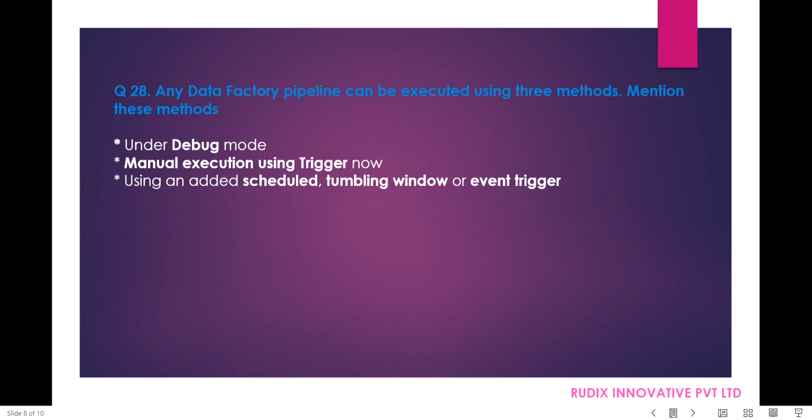Any Data Factory pipeline can be executed using three methods. Mention these methods. The three methods are: under debug mode, manual execution using trigger now, and using an added schedule, tumbling window, or event trigger.